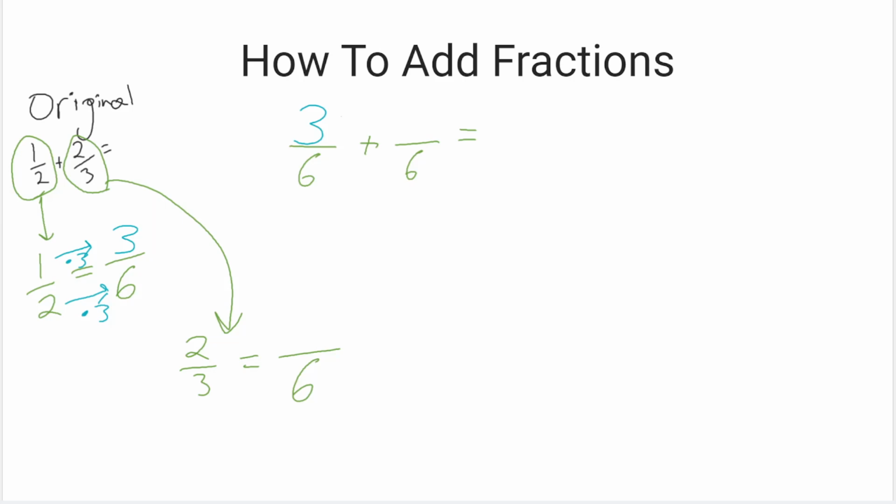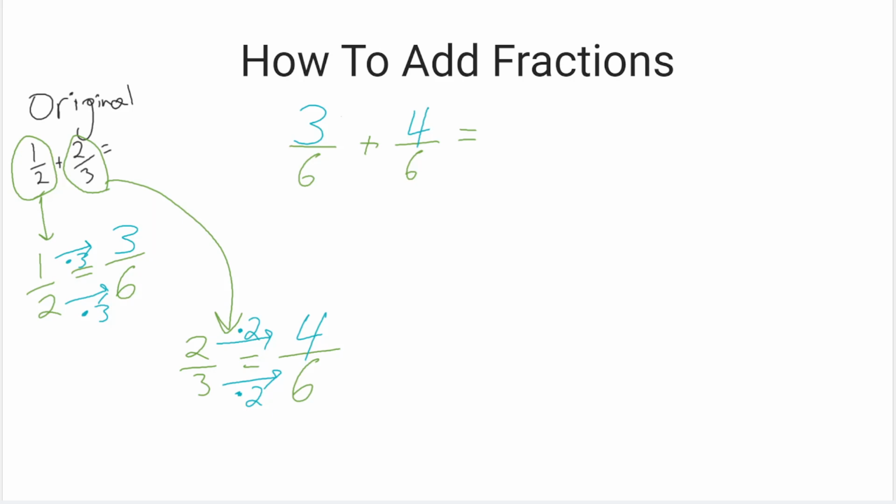Again, we need to ask ourselves, how did we get from 3 to 6? Well, in this case, we multiplied by 2. So I need to do the same thing up top. I'm going to take our 2, multiply it by 2. That would give me 4. That's my new fraction. So we have 4 over 6 taking place of our 2/3.